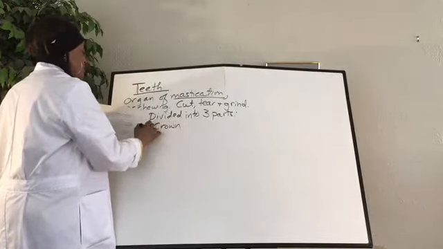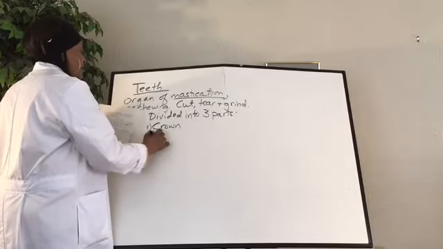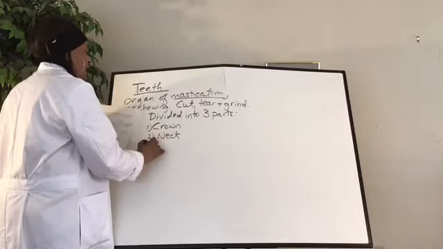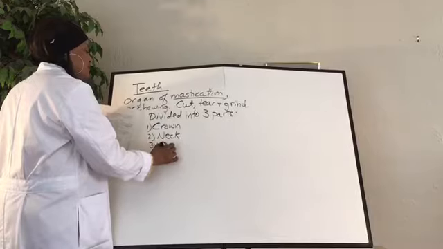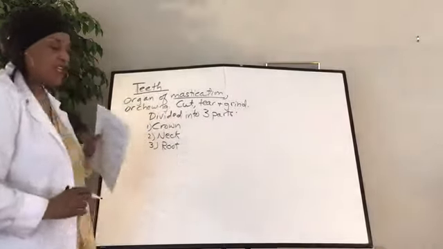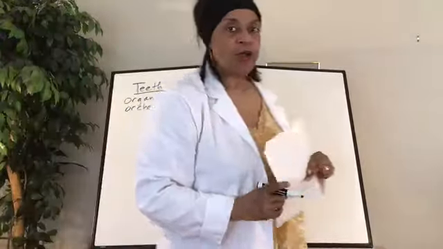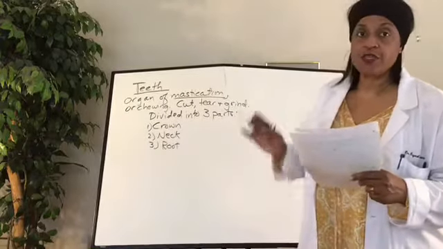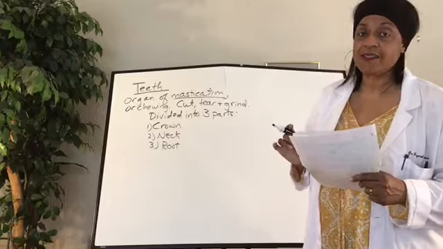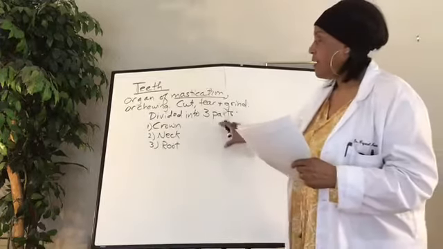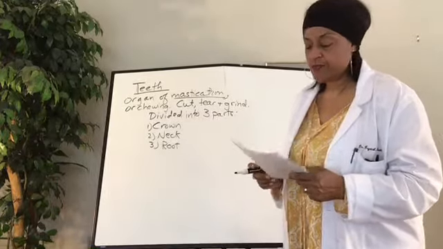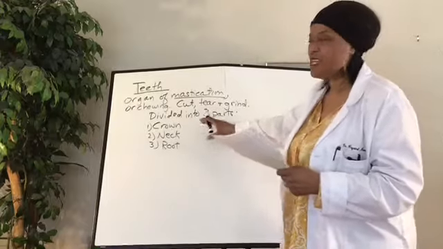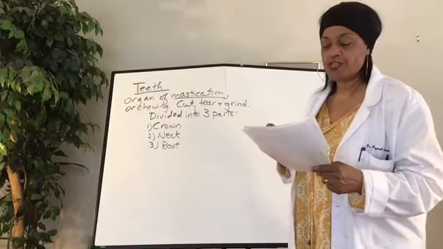The crown, the neck, and the root. So the teeth are divided into 3 parts. You have the crown, the neck, and the root. And I will leave it to you to look at the pictures in your text to find out where those are. But the crown really is the exposed portion of the tooth.